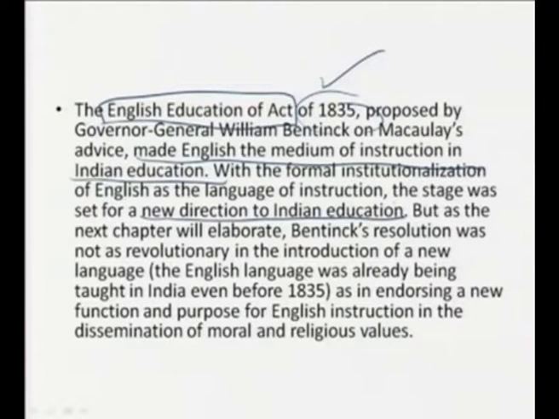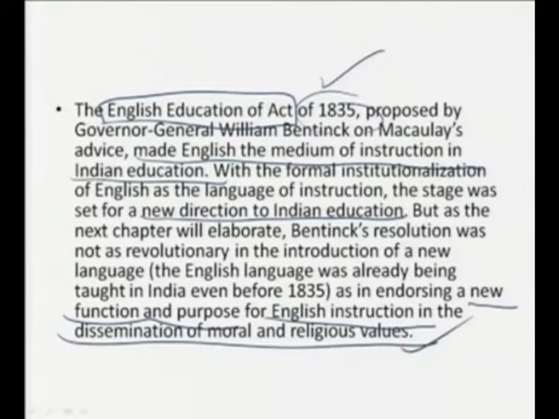But as the next chapter in Viswanathan's book will elaborate, Bentinck's resolution was not so much revolutionary in introducing a new language, since English was already being taught in India even before 1835, as in endorsing a new function. So it was new in the sense that it endorsed a new function and purpose for English instruction in the dissemination of moral and religious values. This is one of the points highlighted by the author.